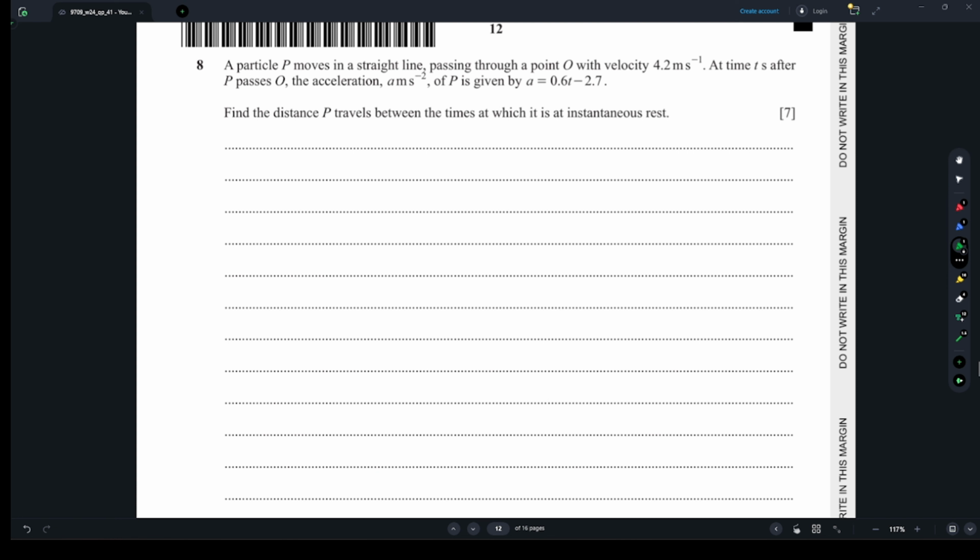If I make a small sketch for this case, let's consider this is point O. This particle moves at this point with 4.2 meters per second, and then after t time, the acceleration is a meters per square second, and then it comes to this instantaneous rest.